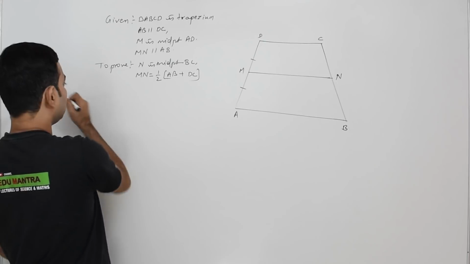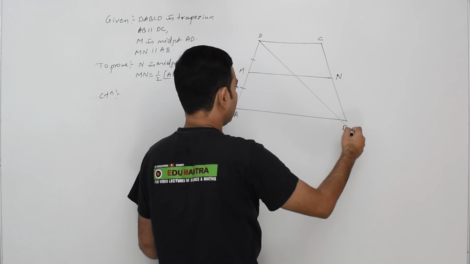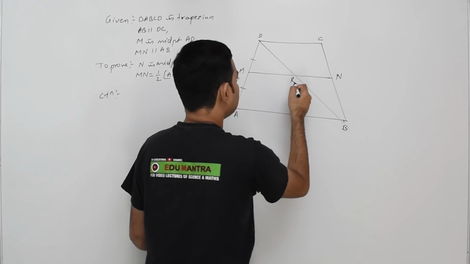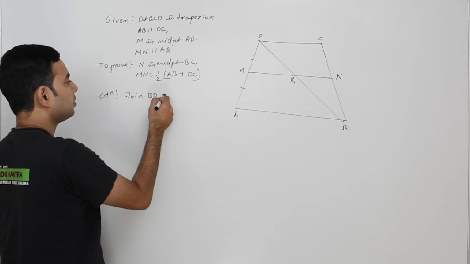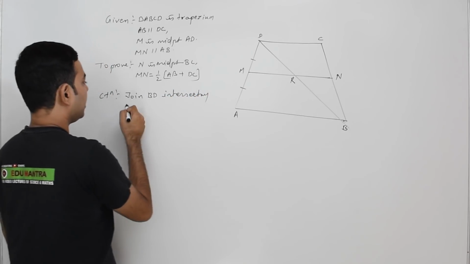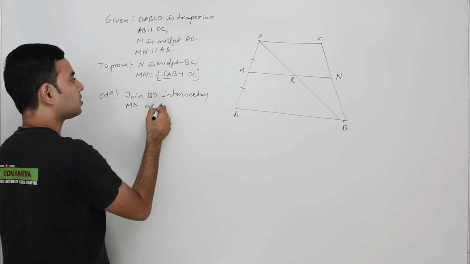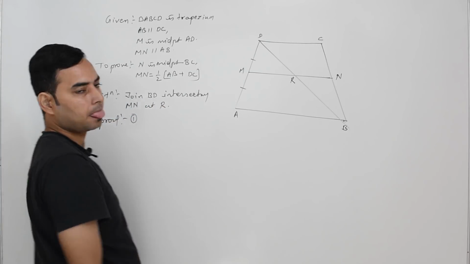First of all, we have to construct, or rather we have to join DC, BD, intersecting MN at point R. So join BD intersecting MN at R.